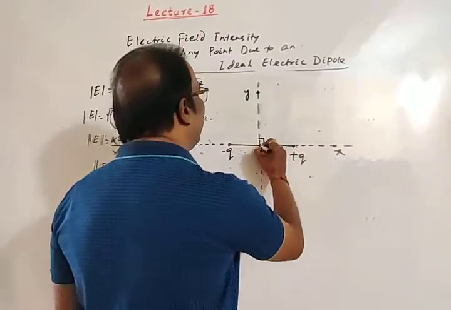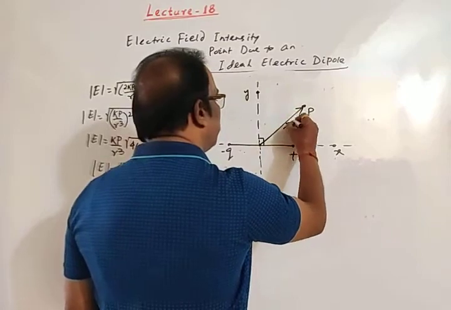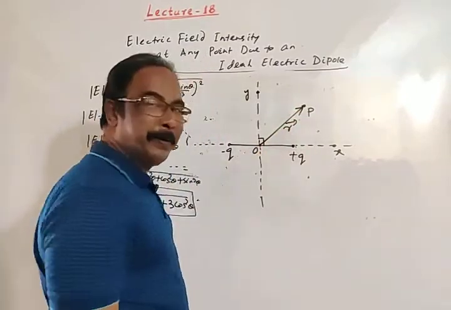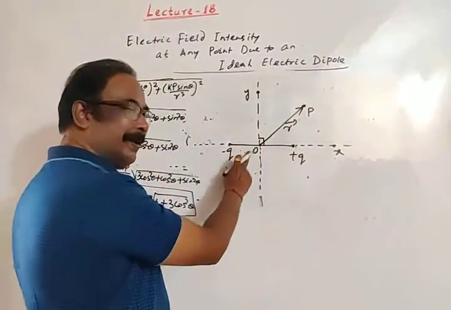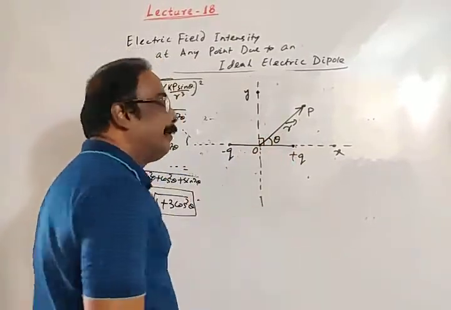But we have taken any point P with position vector R with respect to the center of the dipole. Then the position vector makes an angle theta.